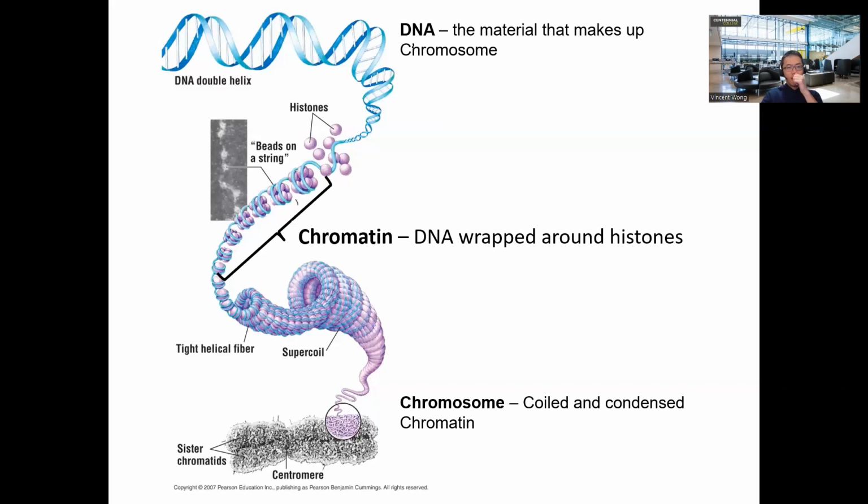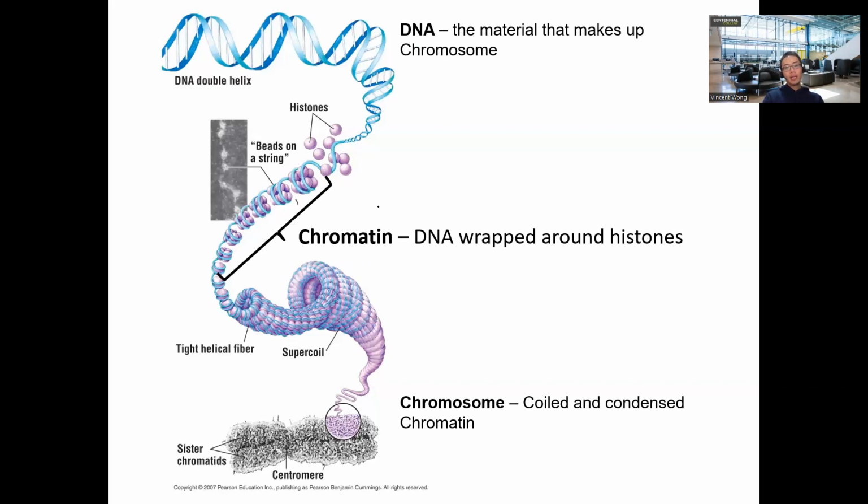But these are very, very long molecules, and there's no way we're going to be able to pack all that inside the nucleus. That's why we have to wrap them up in proteins called histone proteins. The name is not important. Just know them as packaging protein. And when you wrap them all up, they become more condensed. This condensed version of the DNA, along with the proteins, we call chromatin.